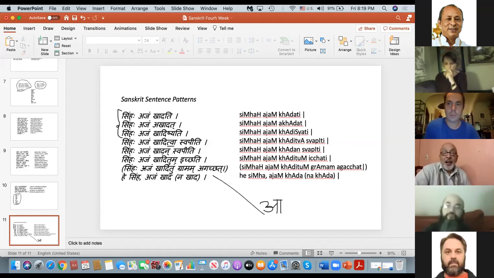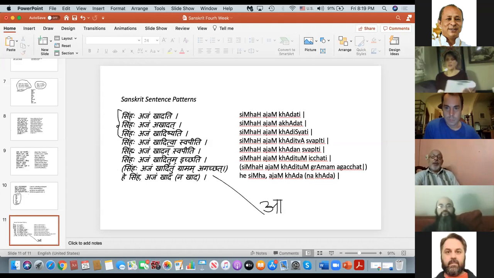Simha Sanskritam vaktum is used here too, not vaditum. Vaktum ichati. Simha Sanskritam vaktum ichati. Simha likes to speak in Sanskrit. Right? Hey Simha Sanskritam vada.